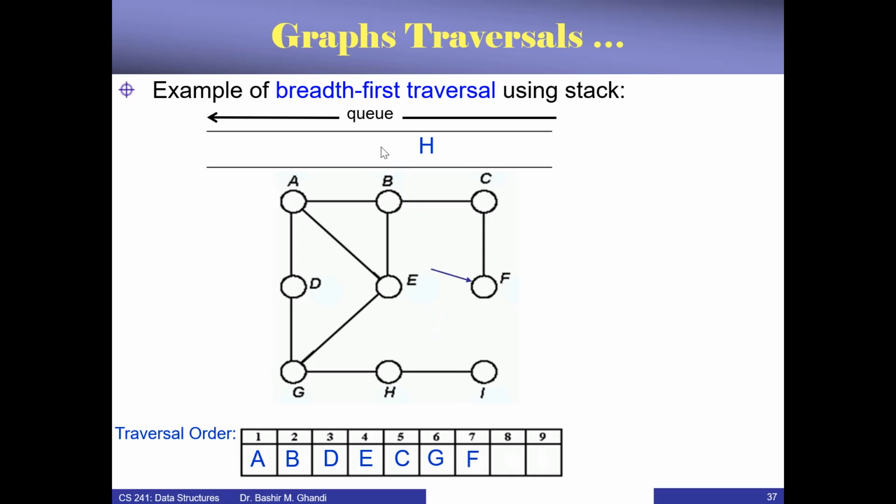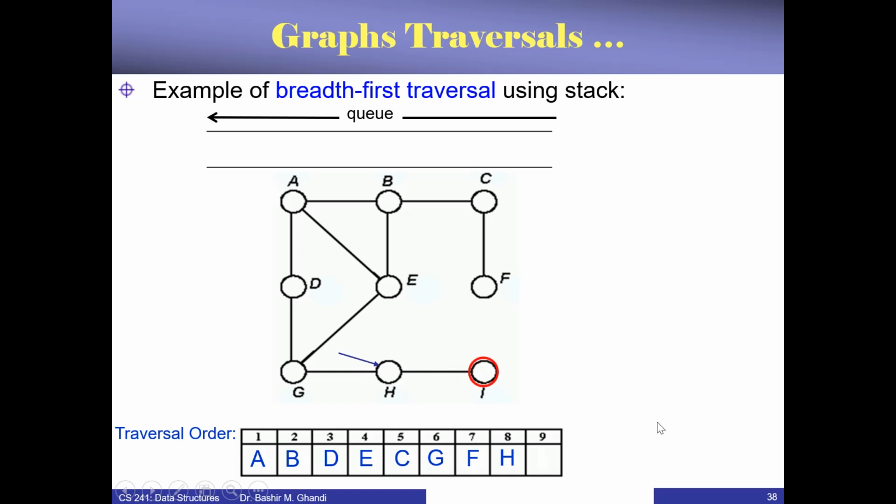Does F have any adjacent vertex not yet visited? None at all. So just repeat the loop, dequeue H and visit it and identify if it has any adjacent vertex not yet visited.